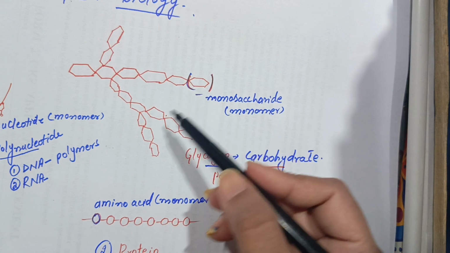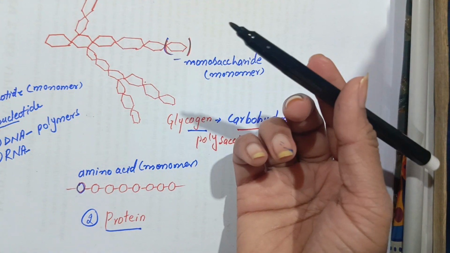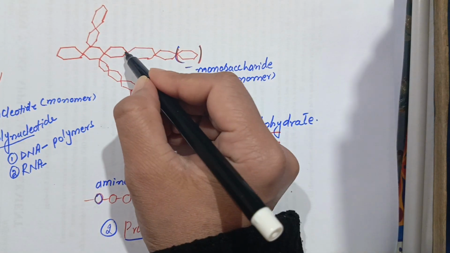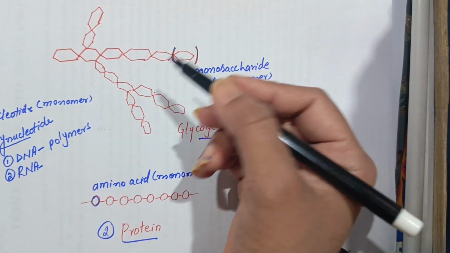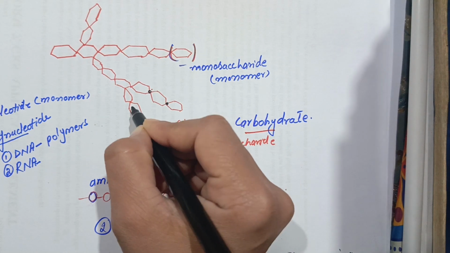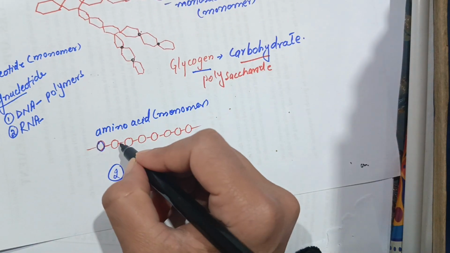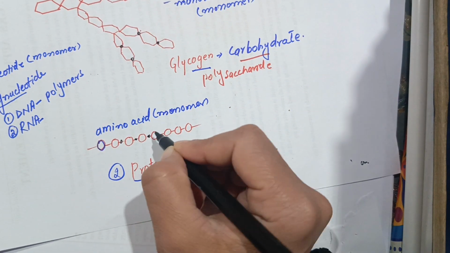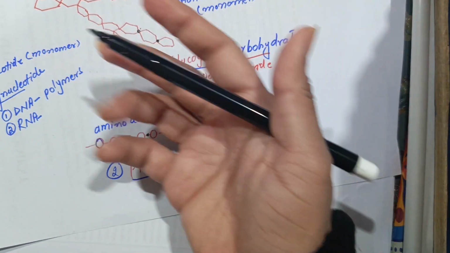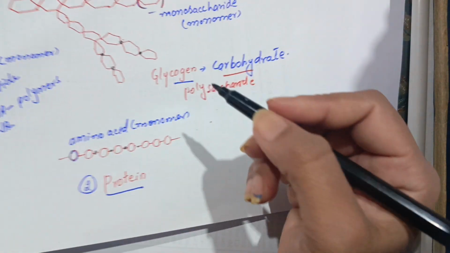Again, for simplicity, the larger molecules are concisely described. We don't show the oxygens here, but it is understood that oxygen atoms are present between any two monomers. For polysaccharides, a larger structure, we just draw the larger molecules like this.